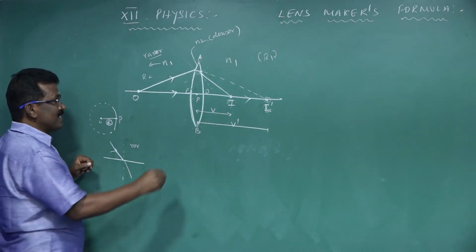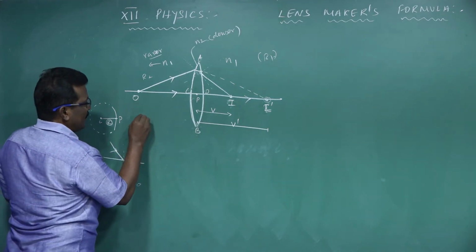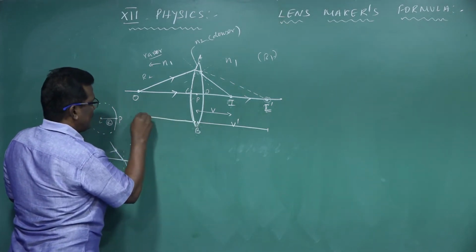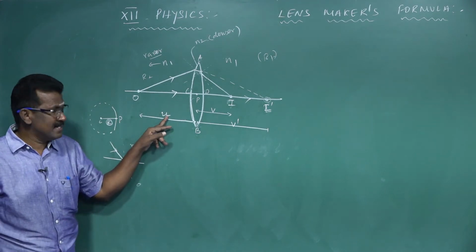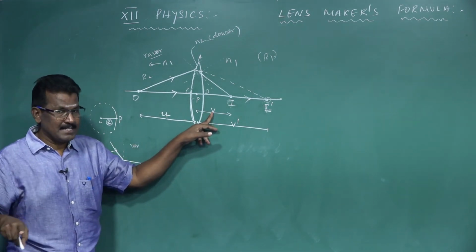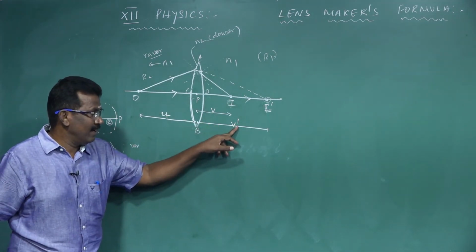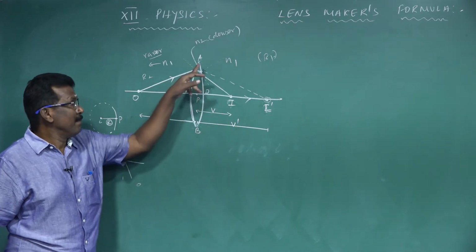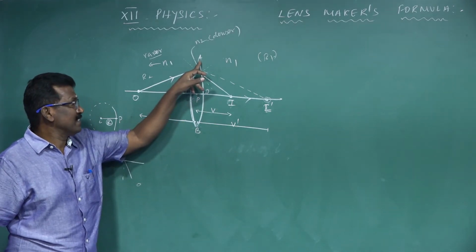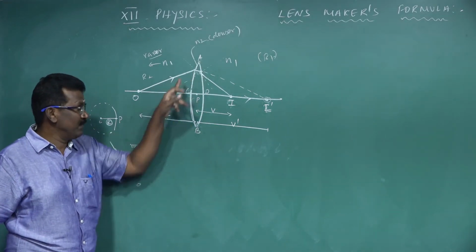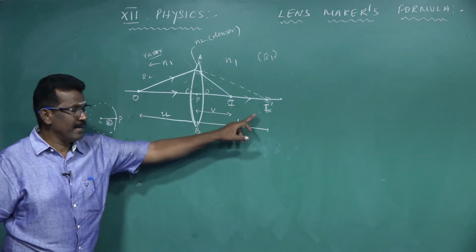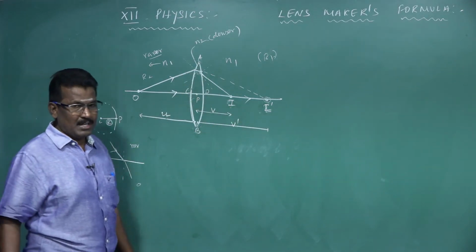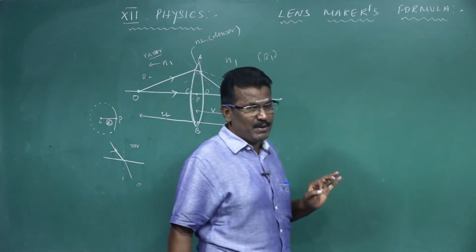The distance between the pole and the object is the object distance U. U represents object distance, V represents image distance, but this V prime represents the image formed at I prime due to the surface ACB. Now we'll start how to derive the lens maker formula.